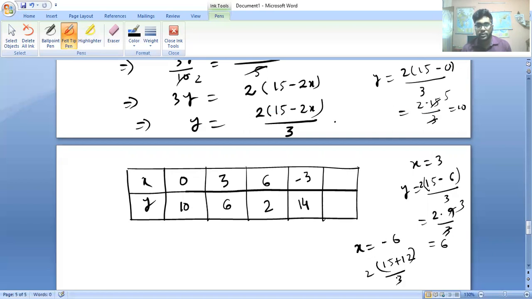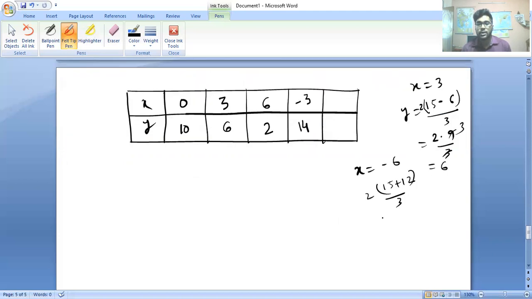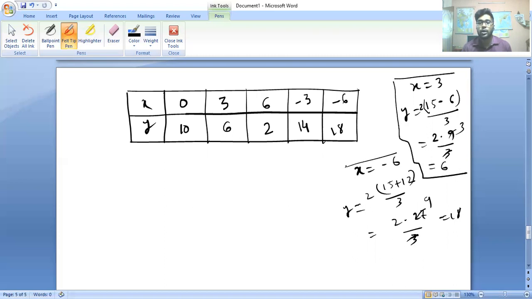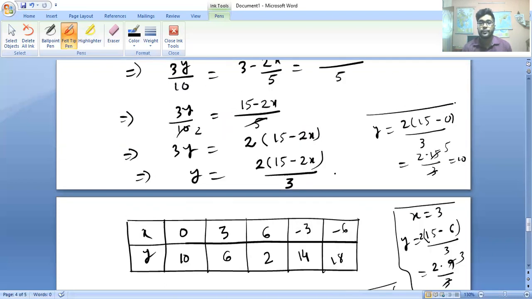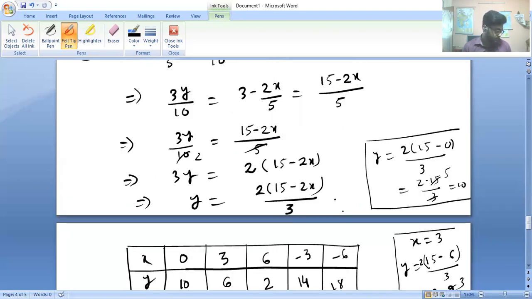By 3. Understood? See, minus 2x comes. If I put x ka value minus 6, it becomes plus 12. So it becomes 2 into 27 by 3. So 3 9s are 27, 9 2s are 18. If I put minus 6, it becomes 18. Clear, students? So that is how you solve or you find the solutions, right? So these are our 5 solutions.